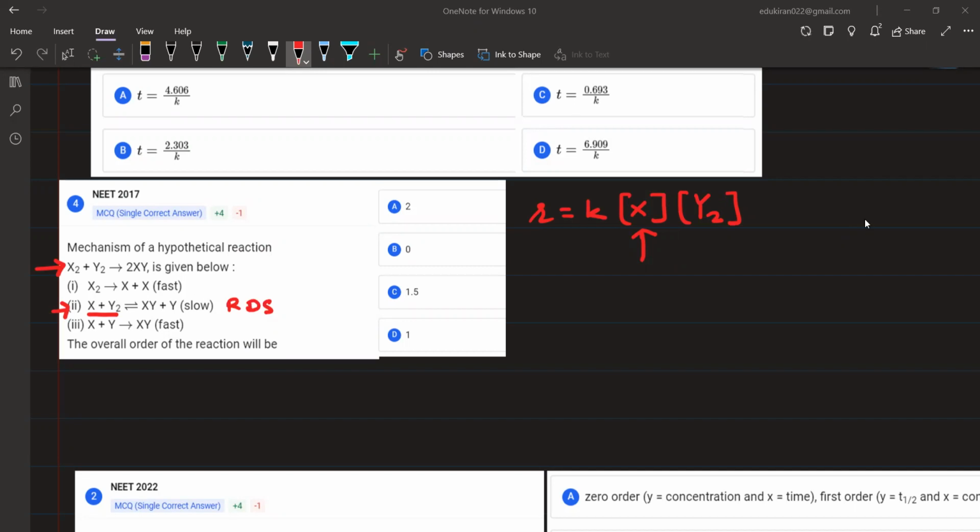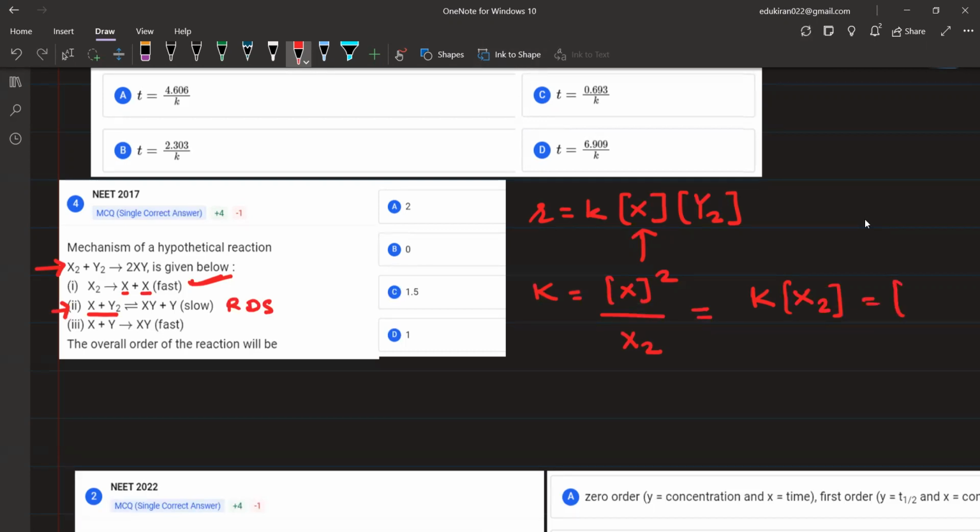Now, how can I write X? You can write K, the equilibrium constant for the fast reaction, will be equal to, the product is what? Concentration of X square, because we have 2X here, divided by the reactant, that is X2. Okay? That means I can write this as K into the concentration of X2, okay?